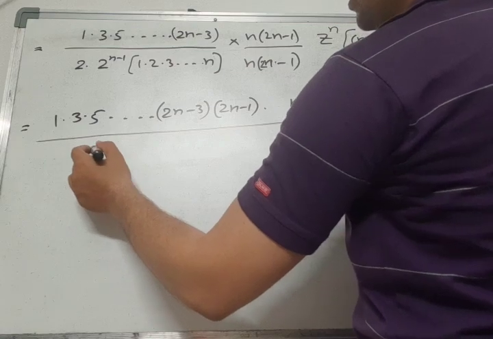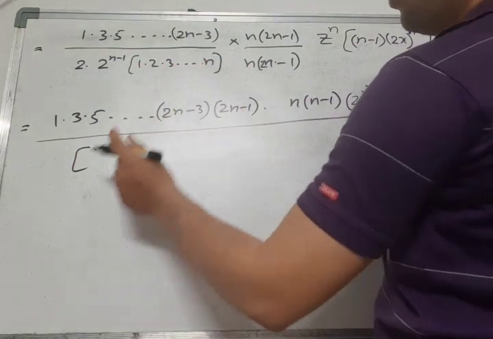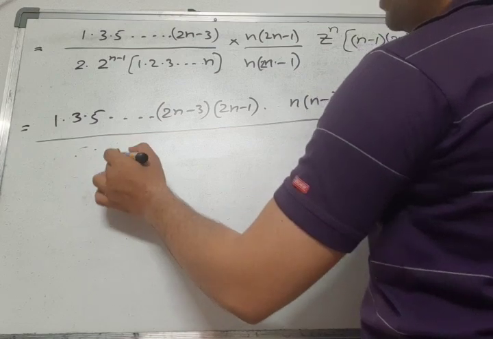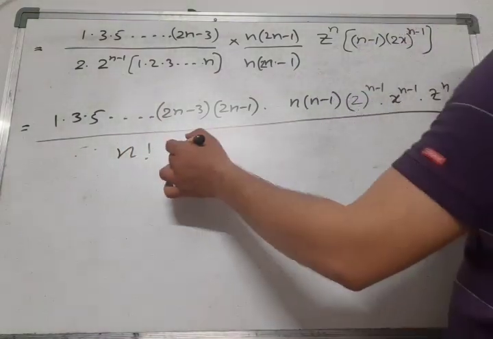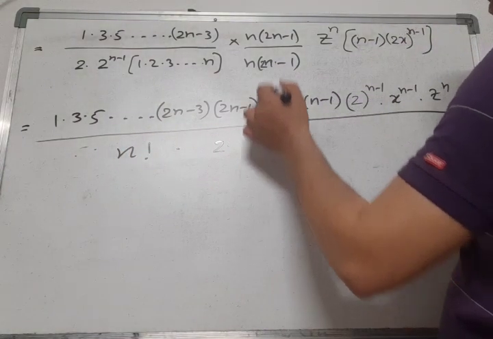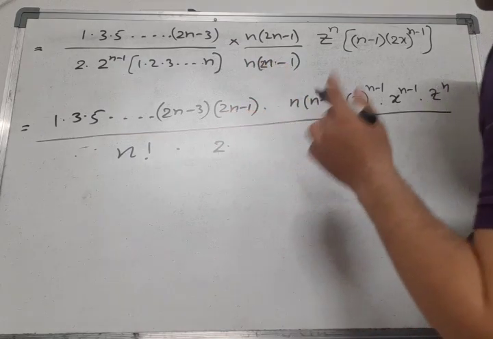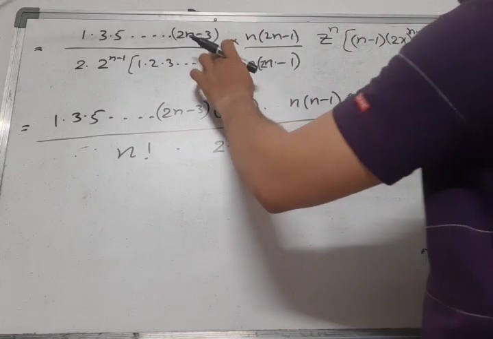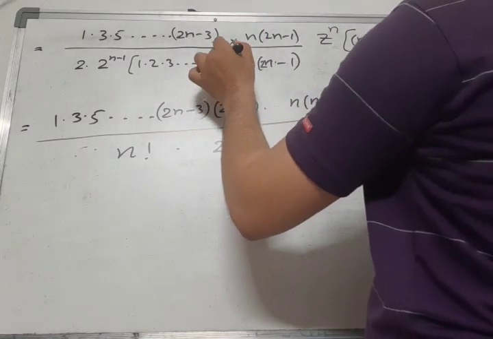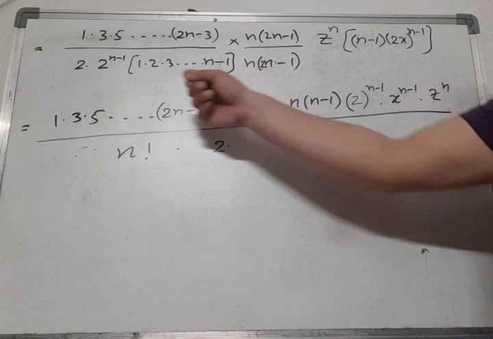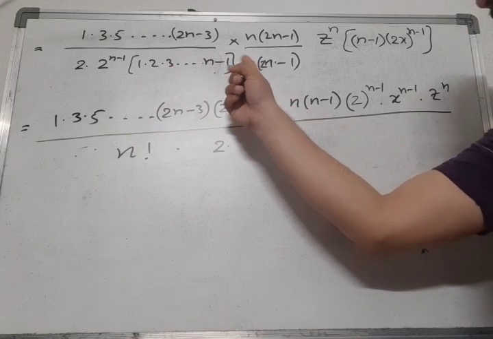I am writing like this, 1 into 2 into 3 and so on is there, no? So we can write this one as n factorial into 2 into and what is left over here? Yeah, one more thing here, n minus 1 only there for us, right? N minus 1 up to n minus 1 only there. But I have taken this n to this side.